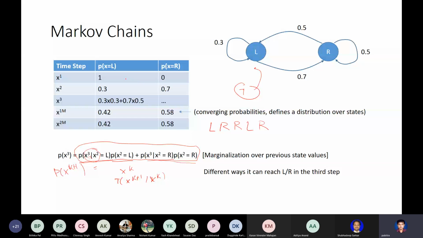In the second step, it is 0.3 and 0.7. In the third step, it is some value and some value, say 0.4 something. So at every step, these two probabilities represent a discrete distribution over the states. I have two states, so it is a two-valued distribution.